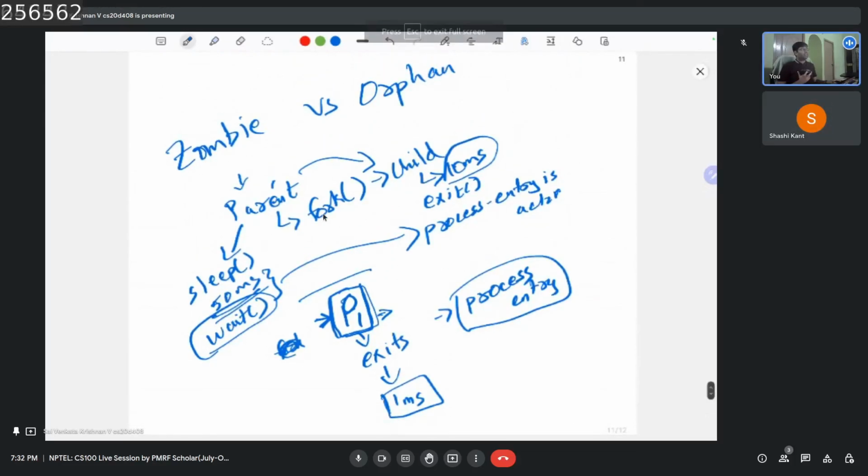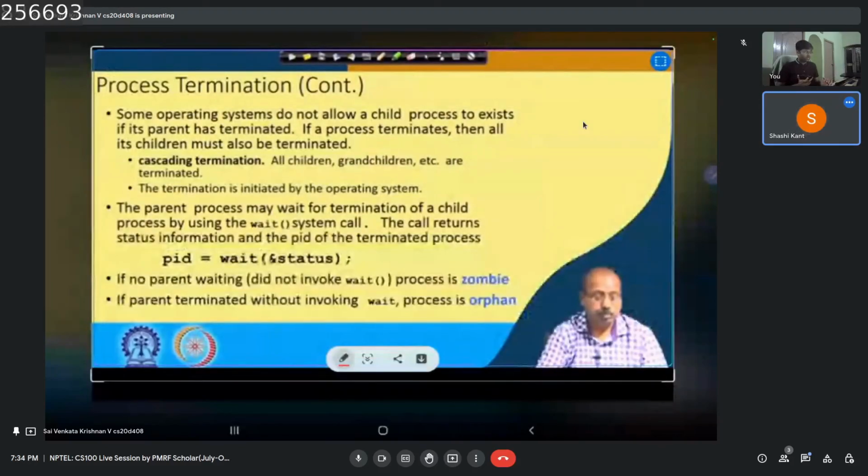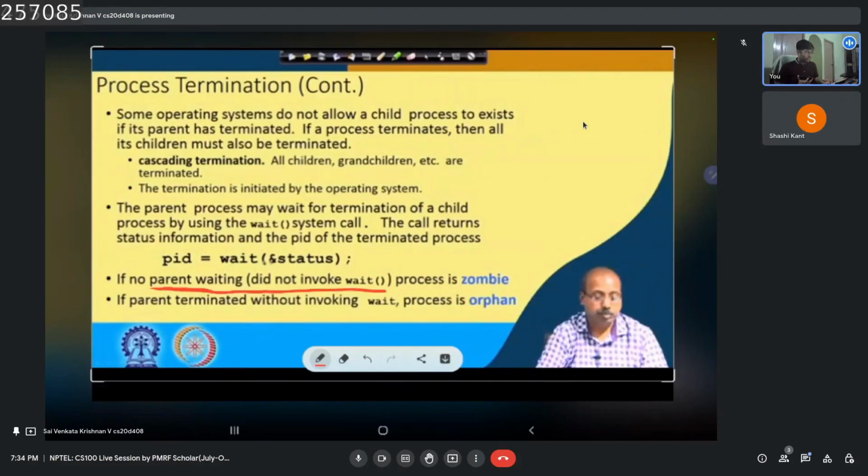Okay, in the slide, is it? If the parent did not invoke wait, or the parent terminated. There is a difference between a parent terminated and a parent waiting.